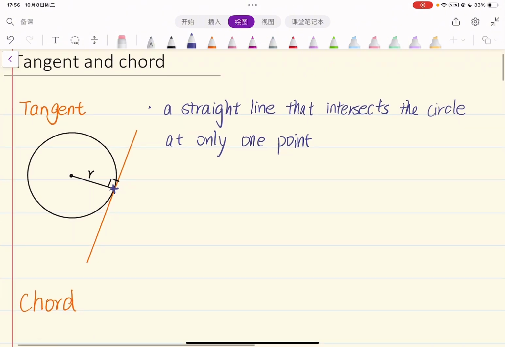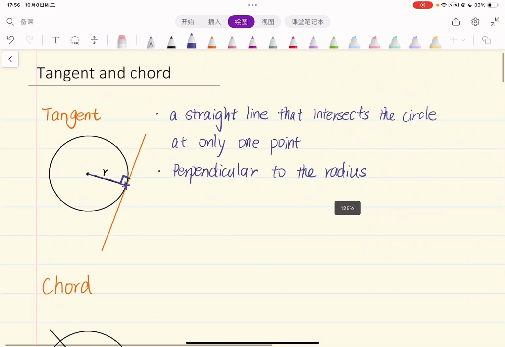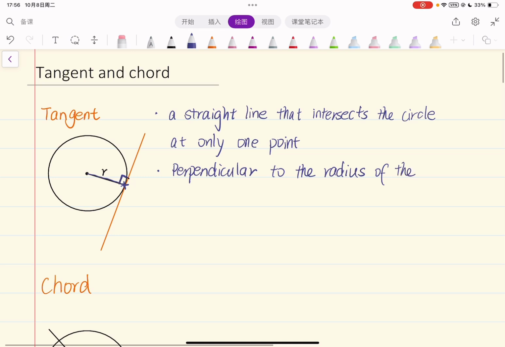So what is the property of that? The property is that the tangent to a circle is perpendicular to the radius of the circle at the point of intersection.